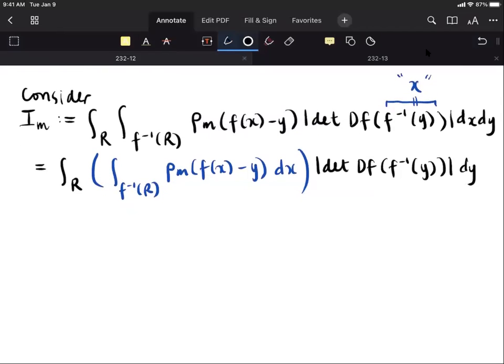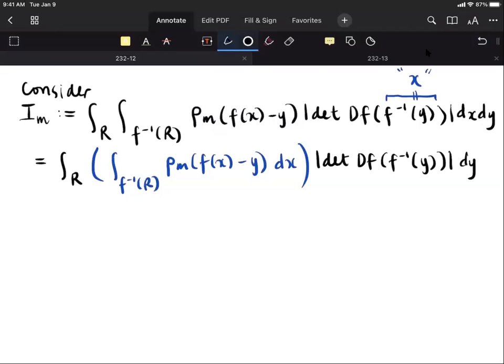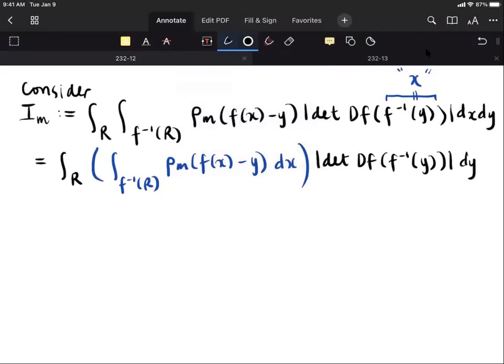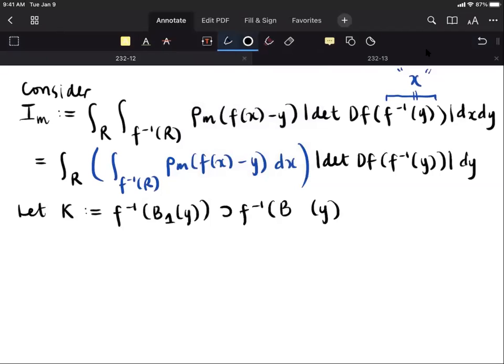And we will concentrate on evaluating the limit of the inner integral. Okay, so let us at the moment define K to be the inverse image under f of the unit ball, or the ball centered at y with radius 1. This, of course, contains the inverse image of the ball centered at y with radius 1 over m, since here we reduced the radius.